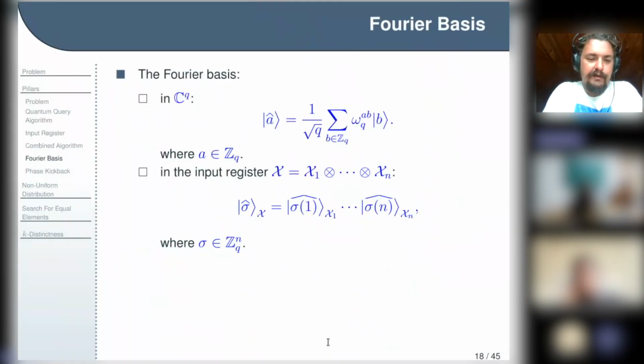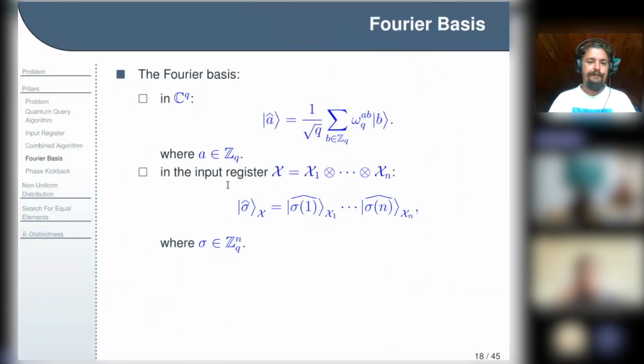So I will introduce the Fourier basis. You should be familiar with this, but just in case. In C to the Q, where Q is the size of the input alphabet, the Fourier basis is given by these hatted strings, a hat, which is just this expression. You must have seen that.